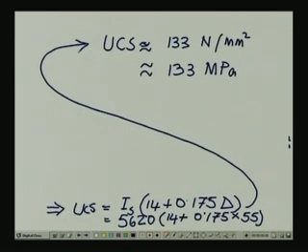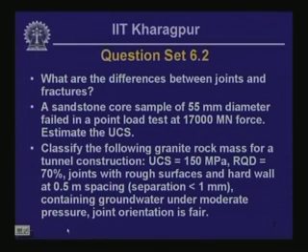Okay, so that is your answer. So the estimated unconfined compressive strength of the intact specimen of this type of rock will be 133 megapascal. Okay, so that settles the second problem.